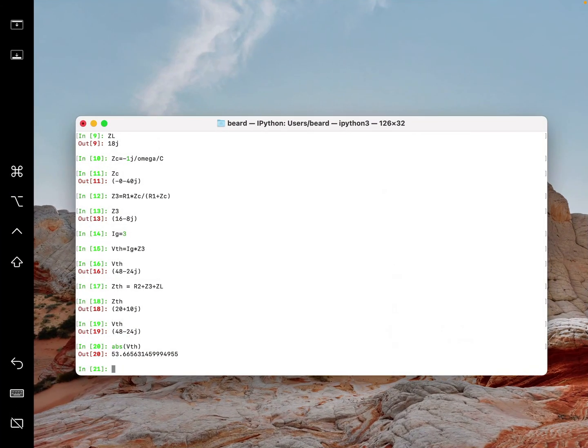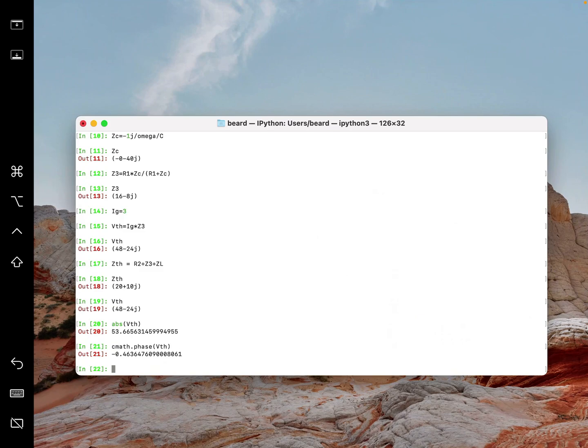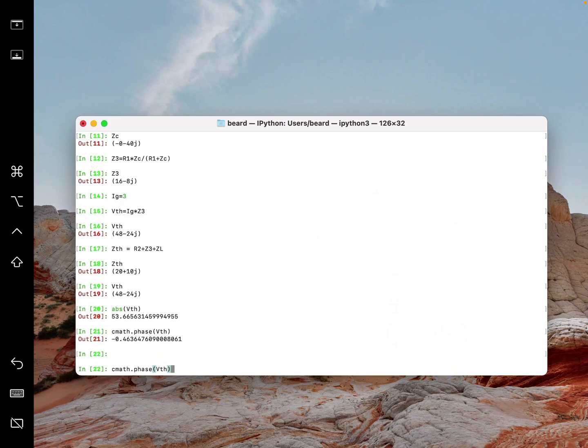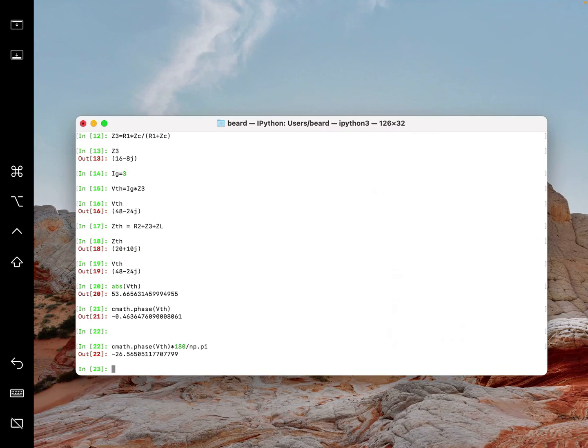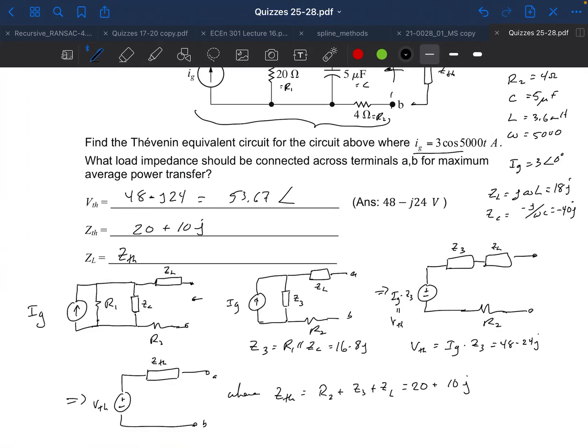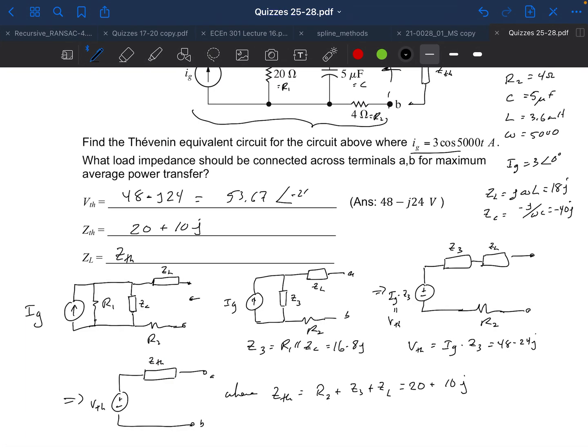In Python I've got cmath.phase of VTH, but that gives it in radians. So I need to multiply times 180 divided by pi. Pi is in the NumPy library. So minus 26.6 degrees.